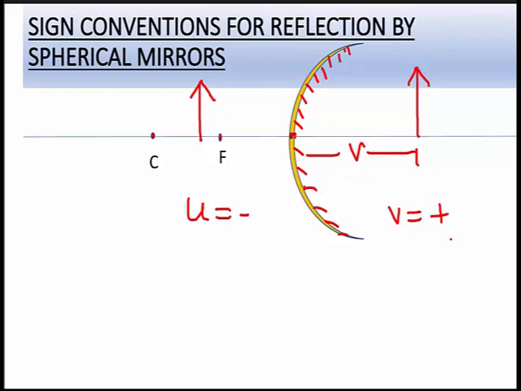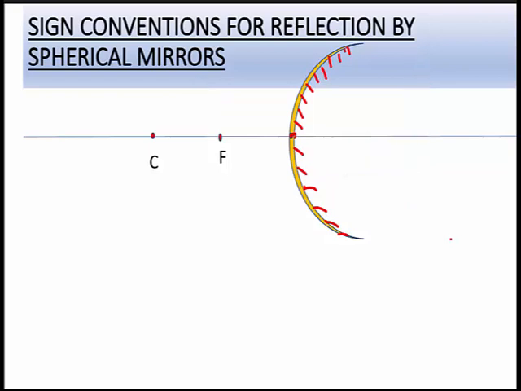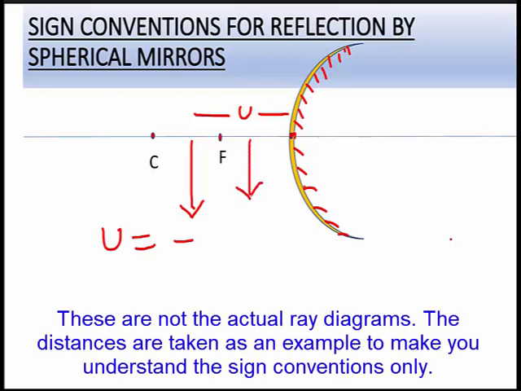Now, let's take another example. Suppose I mark my object like this, which is inverted, then what is going to be the object distance? The object distance is still going to be negative because the object is on the left hand side of the pole. Now, if the image is formed on the left hand side only, then our V will also be negative.